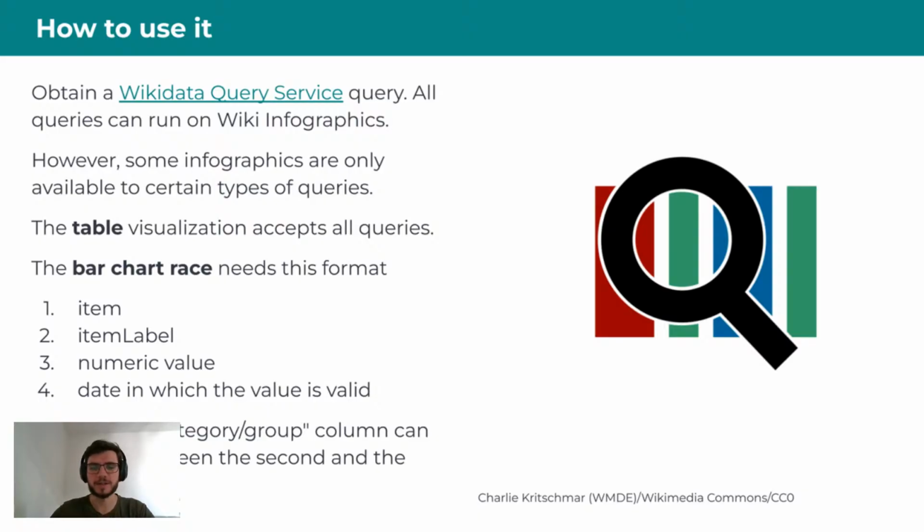The format that you need to have in your query is 4 columns: the item, the label. They don't need to have these names, item and label. It can be any name, but it needs to be the Wikidata item, the label, which will be on the bar, a numeric value, which is the bar value, the bar size, and the date in which the value is valid. So if you have that, you can have a bar chart race.